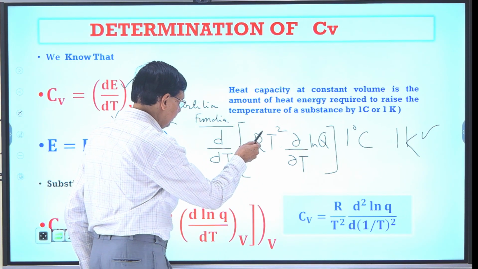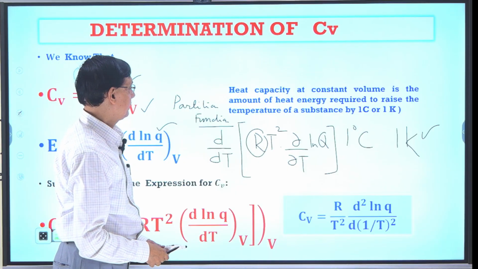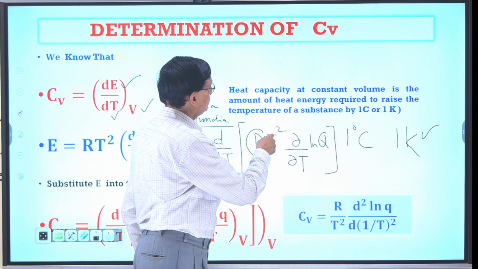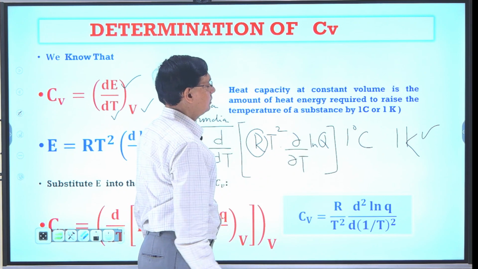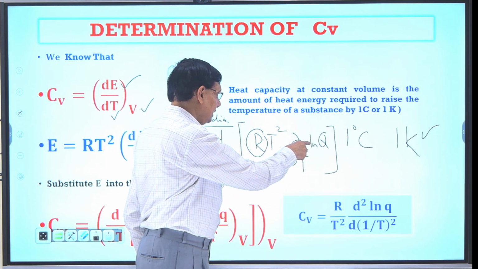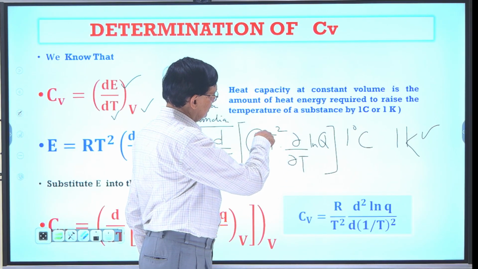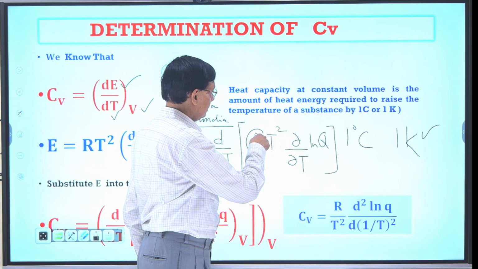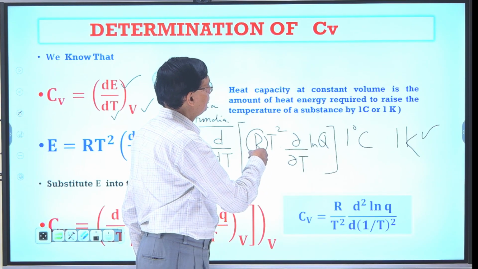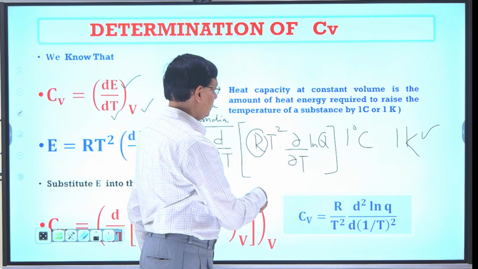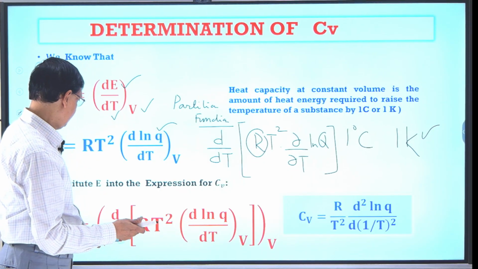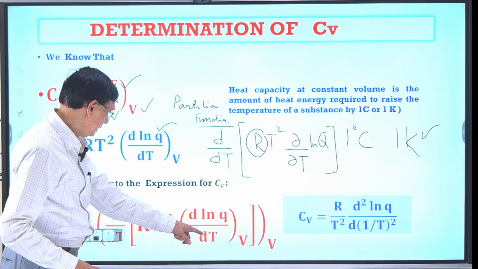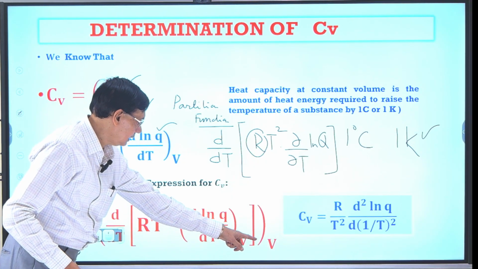First function T square, differentiation of second, so T square del square ln Q by dT square. Second function d by dT natural log Q, differentiation of first, so if I differentiate T square I get 2T. So substitute this value.